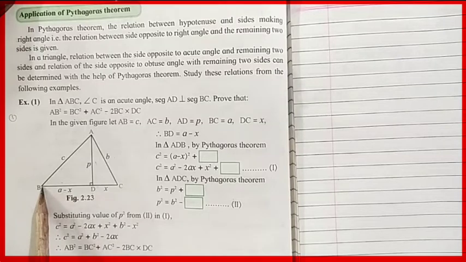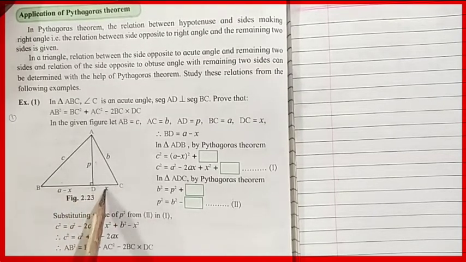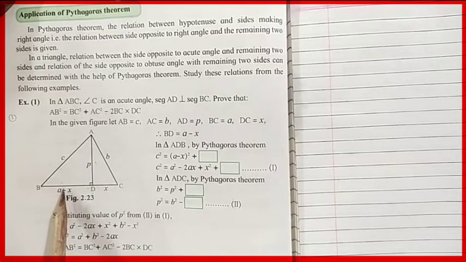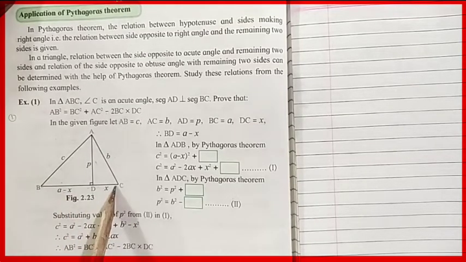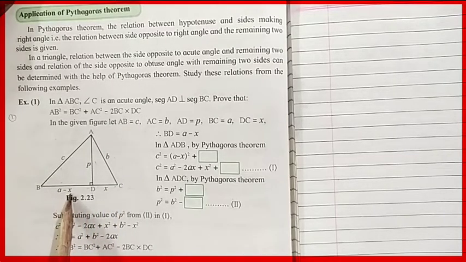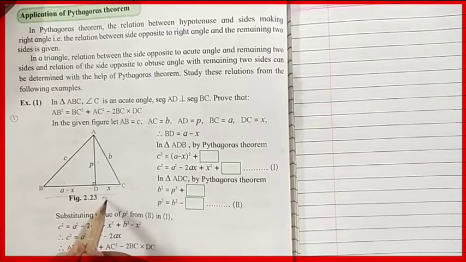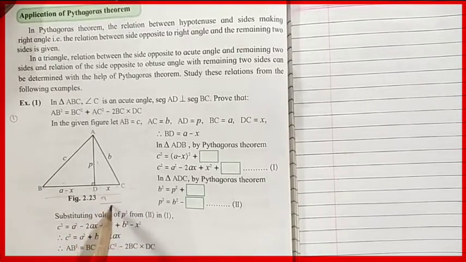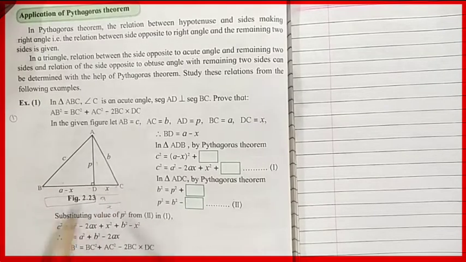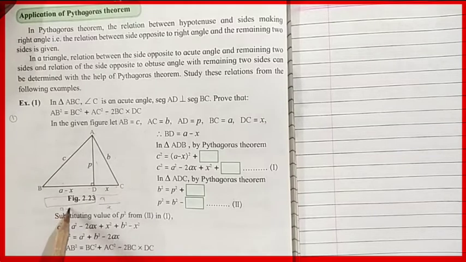Because the measure of BC is a, and this part is x, that means we have to subtract x from BC, then we will have a minus x. So from here to here the distance is a, from here to here the distance is x, so now the distance from here to here, we subtract x from the total a, that is a minus x.